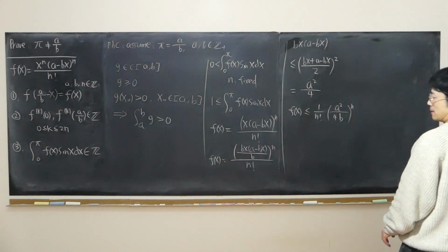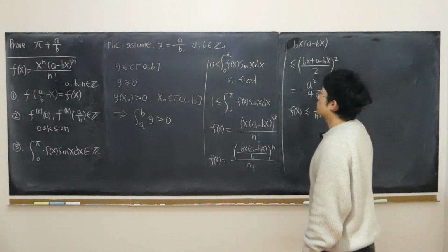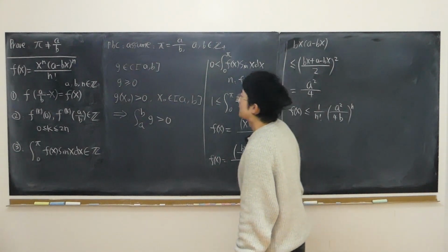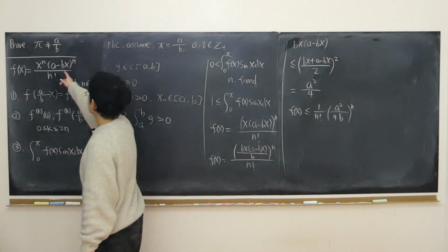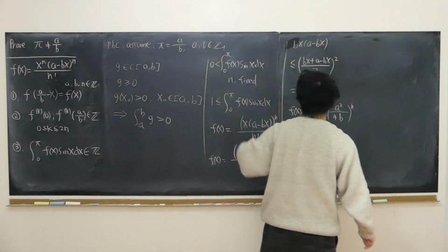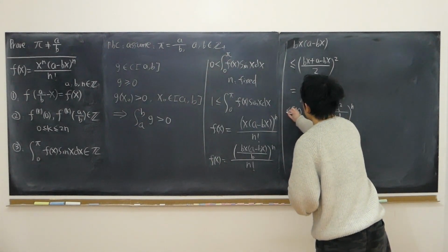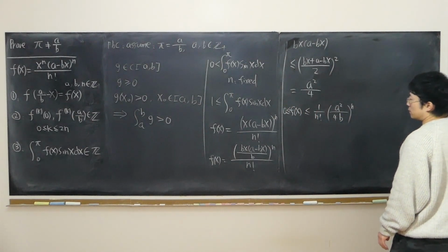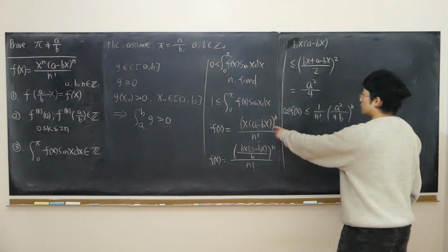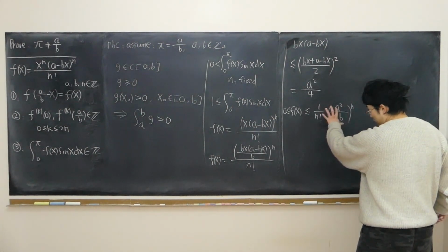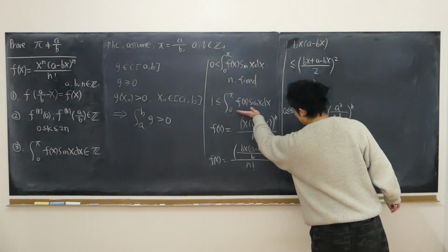F of x, at the same time, is non-negative. It can be easily proven to be non-negative in this interval. In this case, I can replace f of x with this constant, further loosening this inequality.